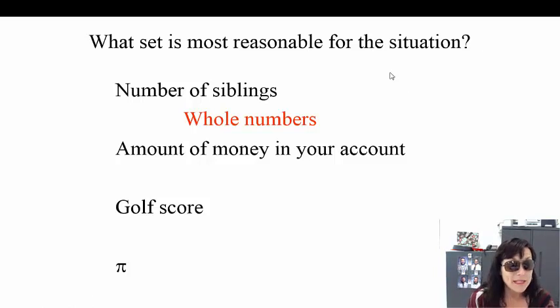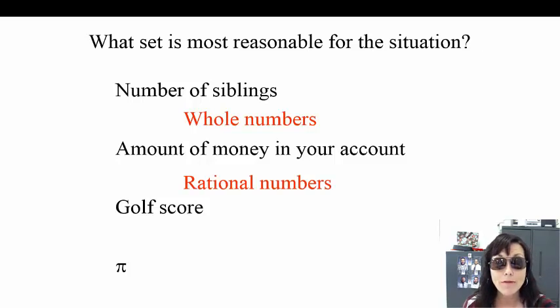You wouldn't have negative siblings, so whole numbers is where that fits in. Amount of money in your bank account. Well, unfortunately, you could have negative money in your account. But rational numbers is where it fits, because you can have cents, which is a partial amount of a dollar. Golf scores would be integers, and then pi, I already told you, it's an irrational number.